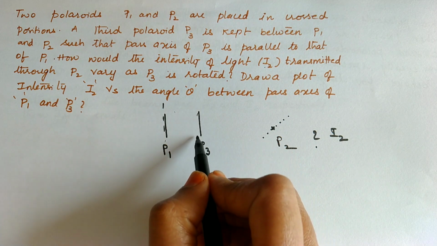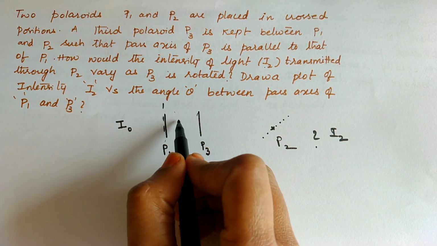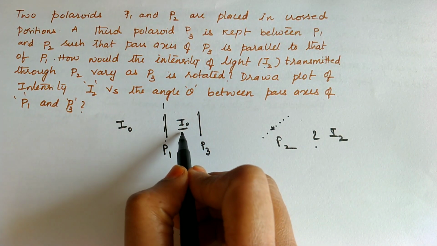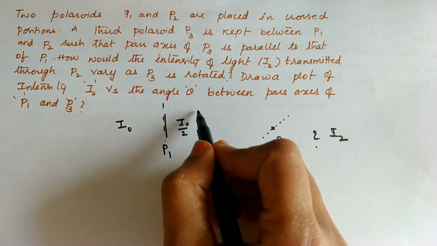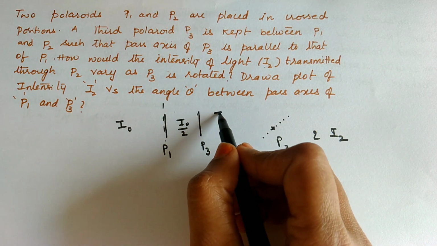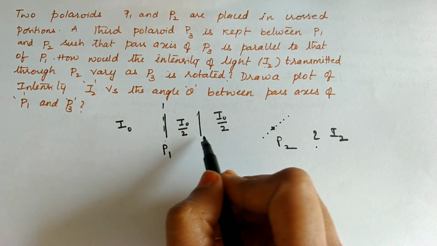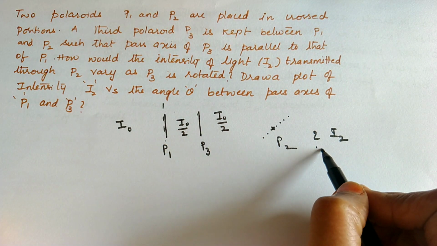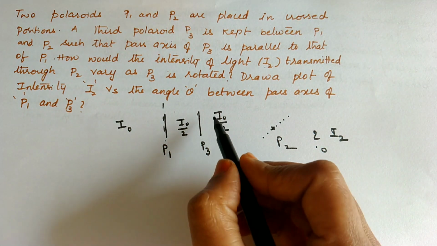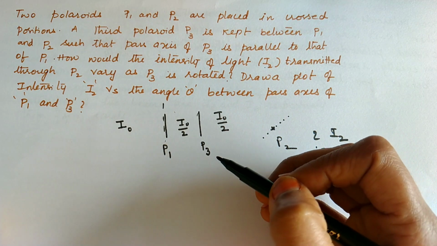So initially when it's parallel to P1, if your incident intensity is I naught, this will become I naught by 2. So what is the output? If they are parallel to each other, this will also be I naught by 2. And since this and this are perpendicular to each other, the intensity output will become 0. Now I started rotating P3 either clockwise or anti-clockwise.